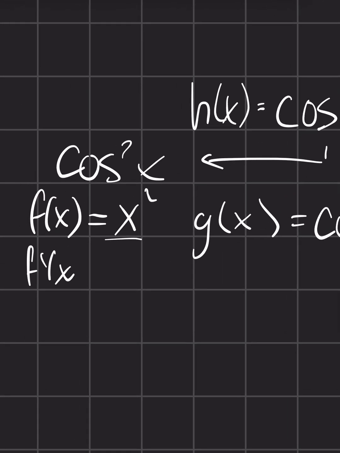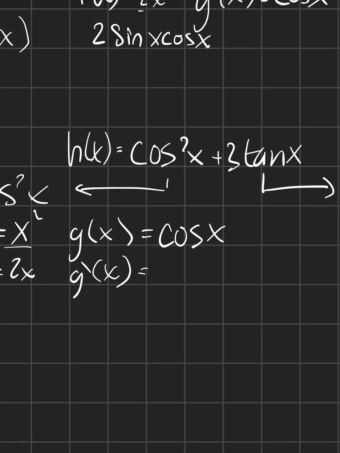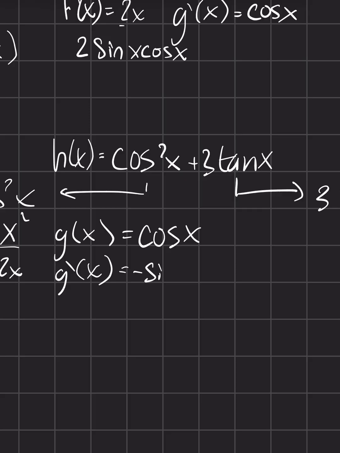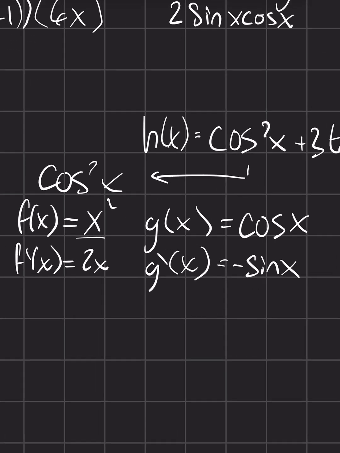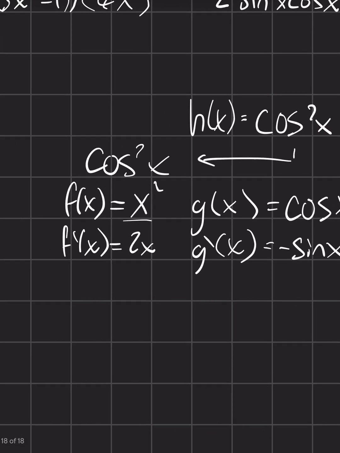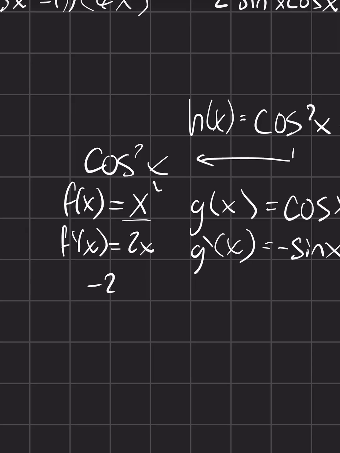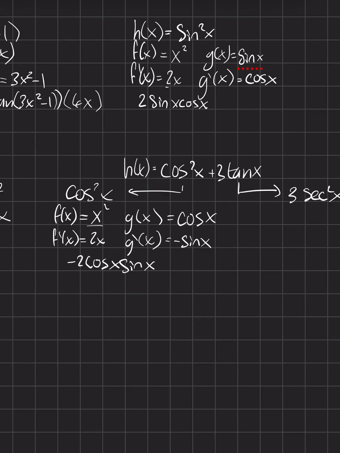And then just like how we did before, take the derivatives of each side. The derivative of cosine is negative sine x. Then we apply our chain rule, and we get negative 2 cosine x sine x.